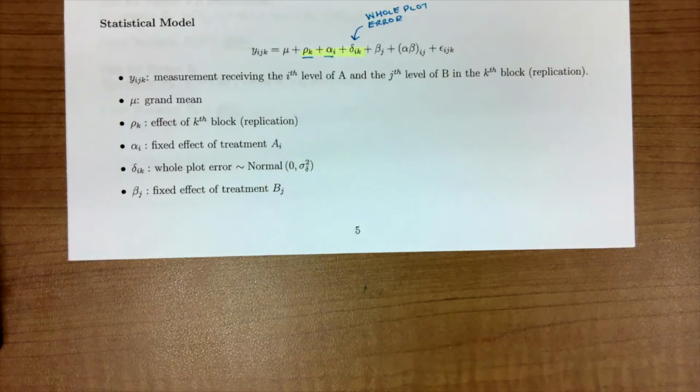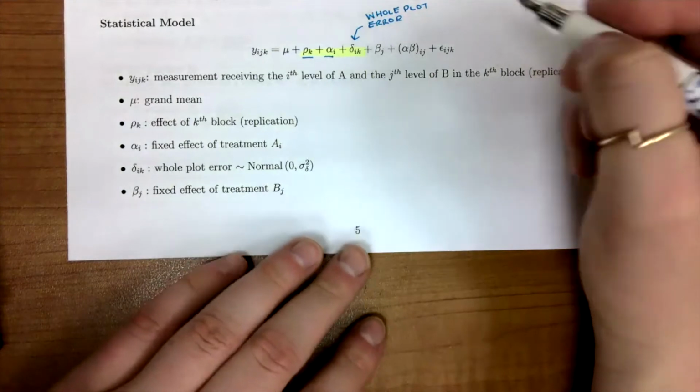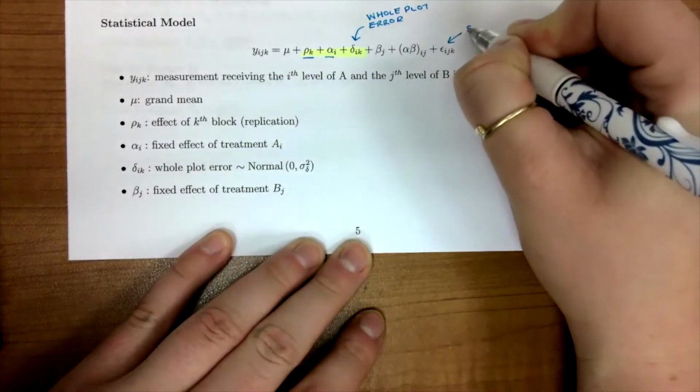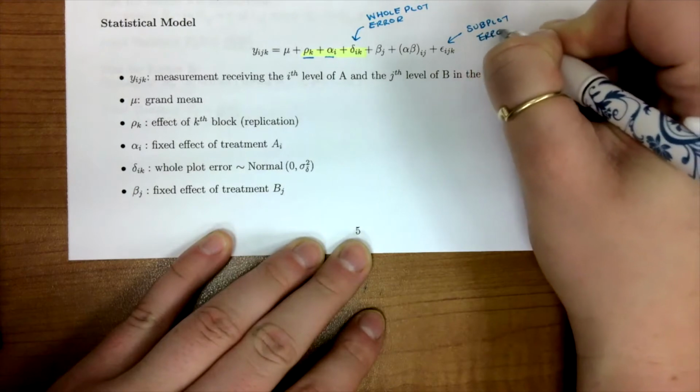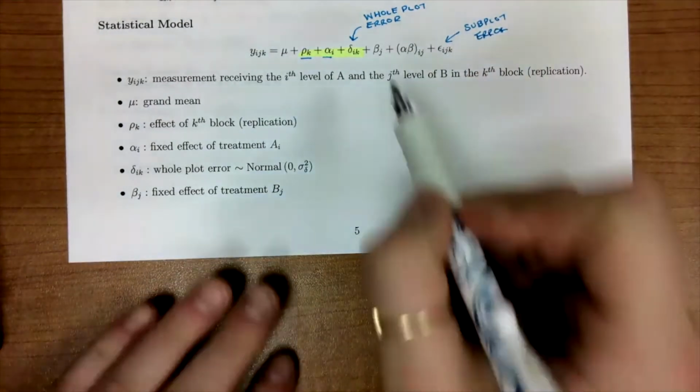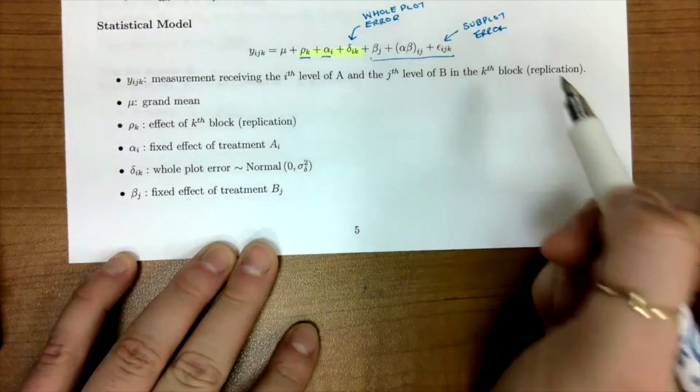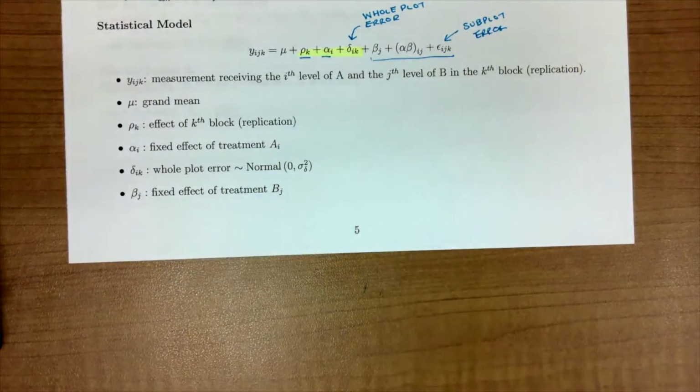It's going to help us decide if we need the whole plot error or the subplot error. And then we have our second error term, which we call our subplot error term, which is also, surprise, surprise, random. This is performing inference at the subplot level.